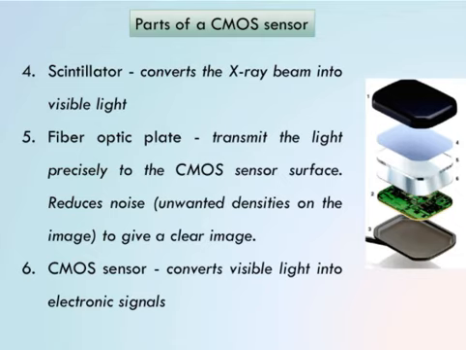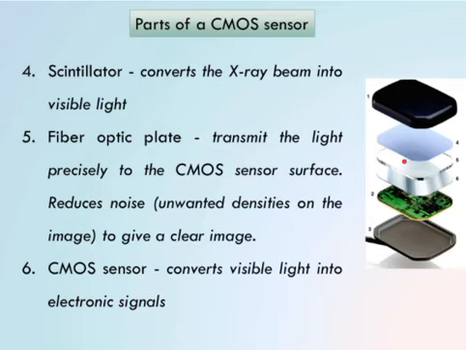Now the sensor itself, it converts the visible light into electronic signals. So what happens when an X-ray falls on the sensor flat surface, that is the front housing, it is going to go to the scintillator. Scintillator converts it into visible light. So visible light along with maybe one X-ray photon, it will go towards the fiber optic plate.